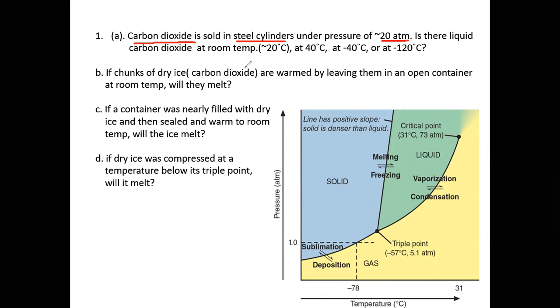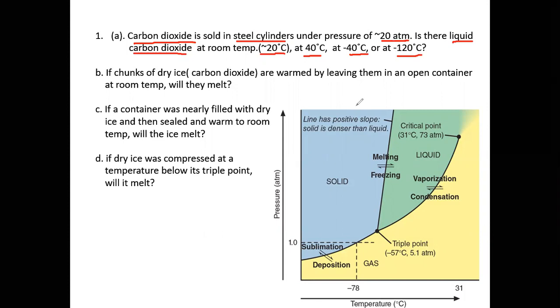They want to know, at 20 atmospheres, is there liquid carbon dioxide at the following temperatures: 20 degrees Celsius, 40 degrees Celsius, -40 degrees Celsius, and -120 degrees Celsius. So we want to know at the different temperatures, would there be any liquid carbon dioxide present?